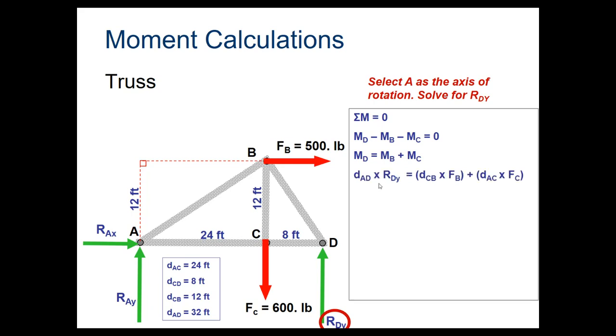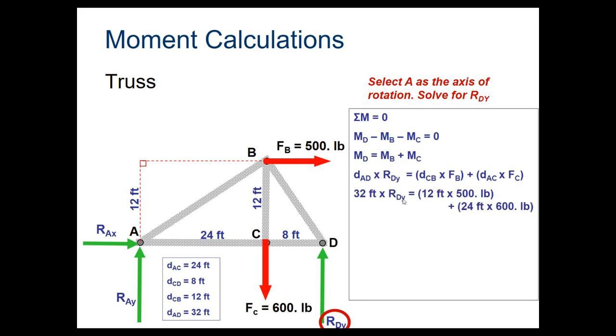So the moment for D is going to be that distance, which is 24 plus 8, so 32 feet, times RDY, and that is going to equal the distance for B, which is 12, times F of B, which is 500, plus the force here and the distance here. So the distance is 24, the force is 600.